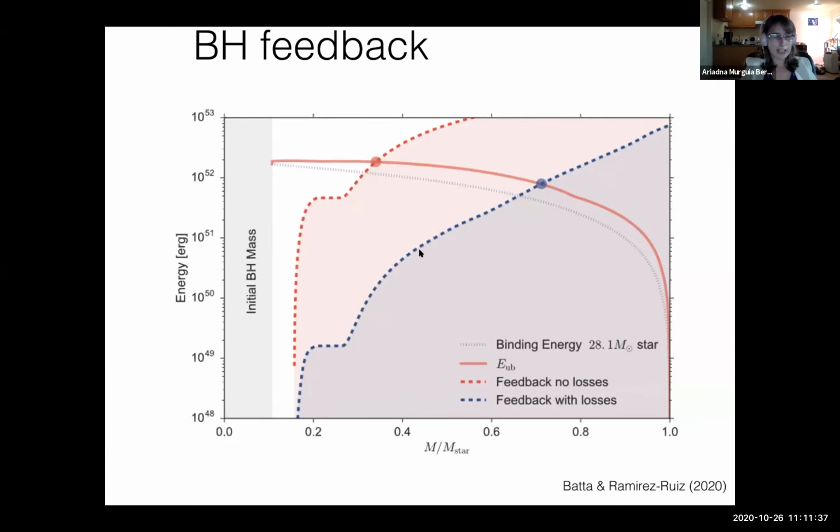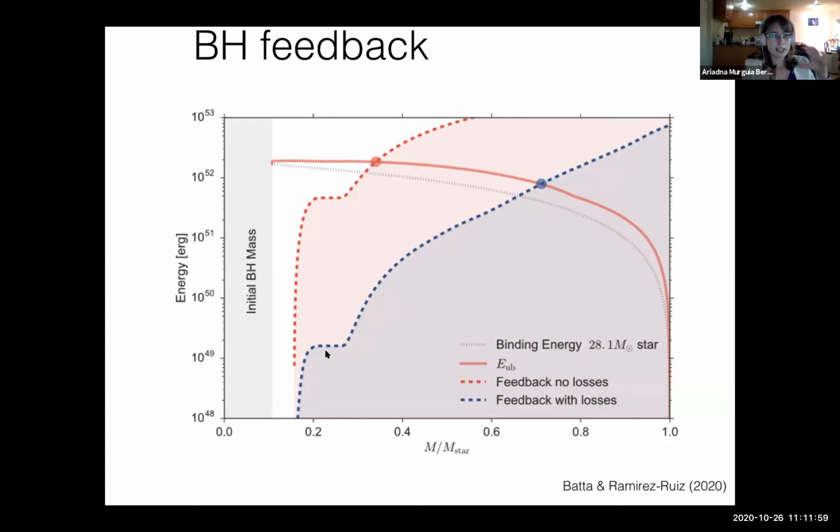These two different lines represent the binding energy from the feedback given a certain efficiency. There are two different lines that represent two different feedback mechanisms. In this case, there are no losses. So everything that gets accreted gets added to the mass, so it gets added to the energy. So it's a cumulative term.